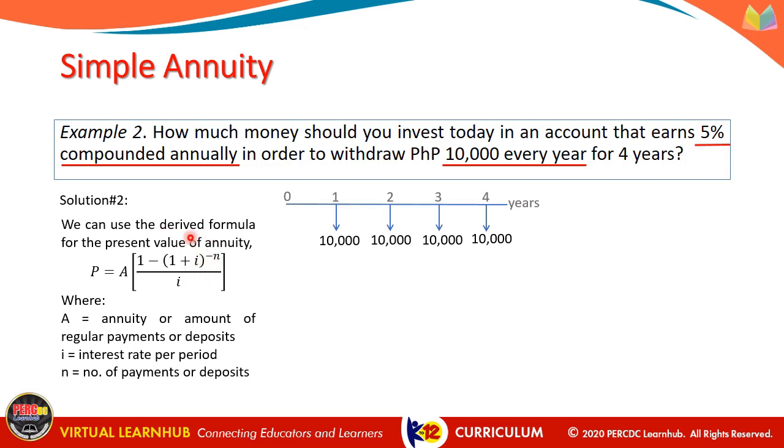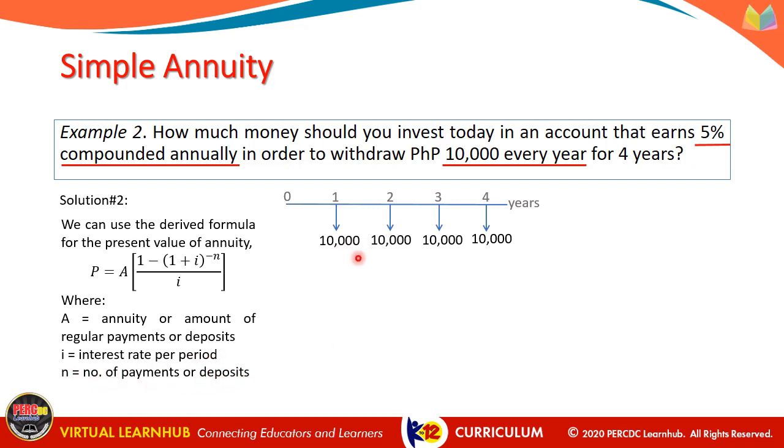This is the derived formula for the present value of annuity, where A is the annuity or amount of regular payments or deposits, i is the interest rate per period, and n is the number of payments or deposits.